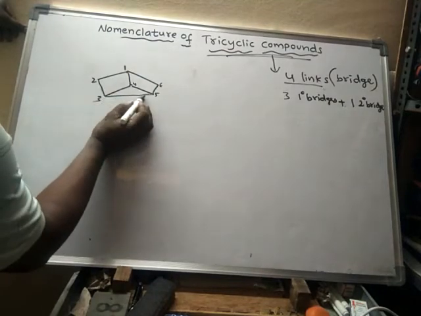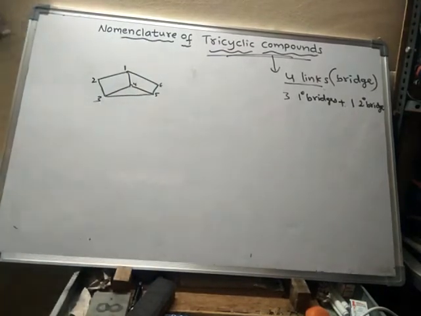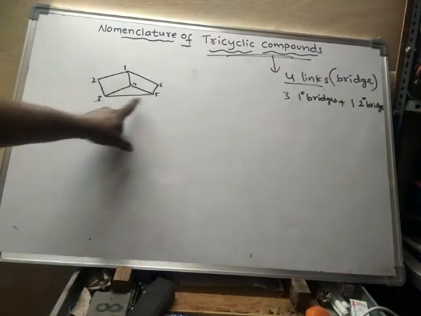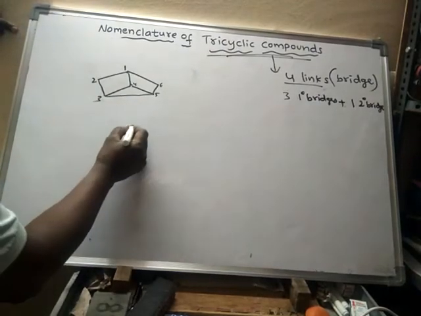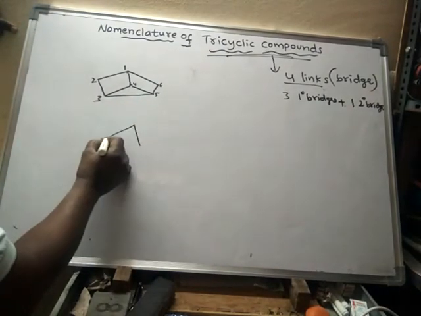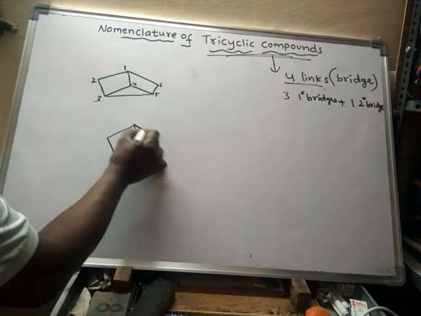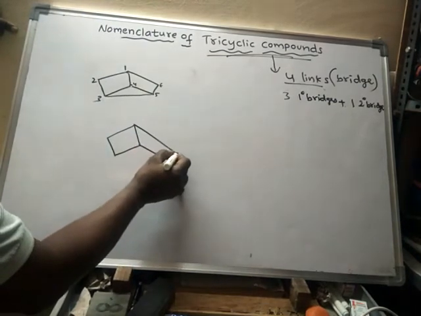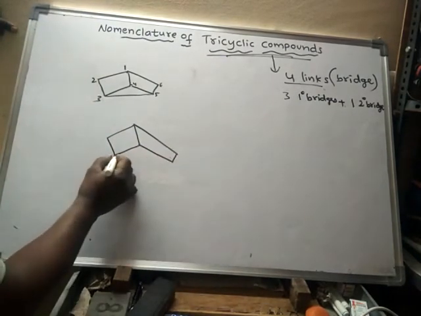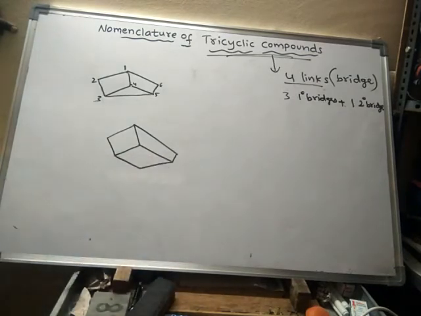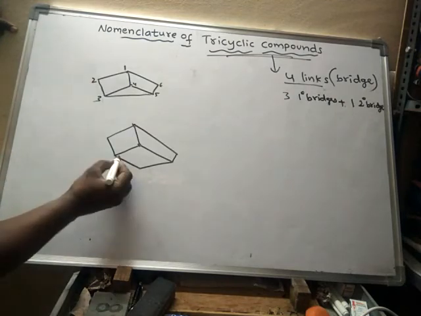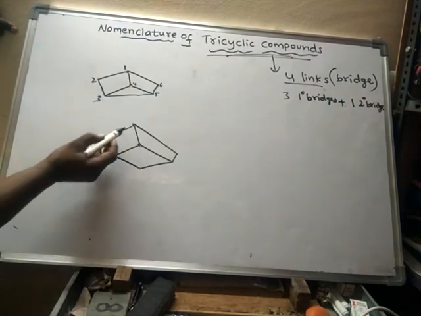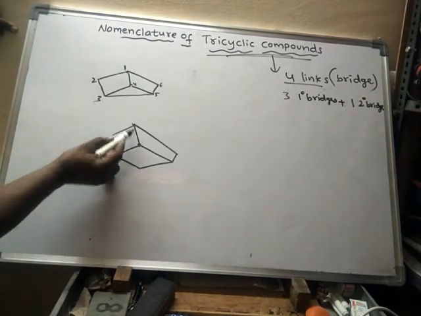And here this bridge is not having any linked carbon. Suppose it is like this. These two are bridgehead carbons, and this is the secondary bridge. This is a primary bridge, and this is also primary.